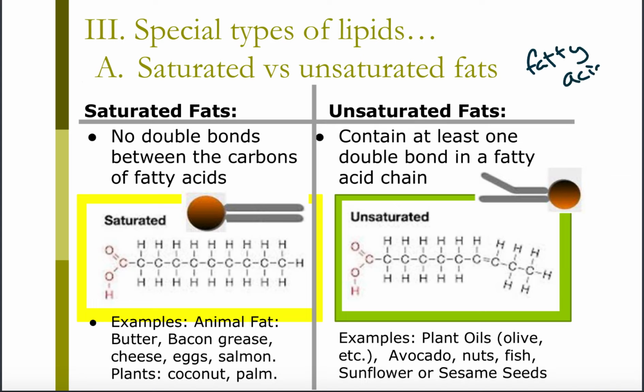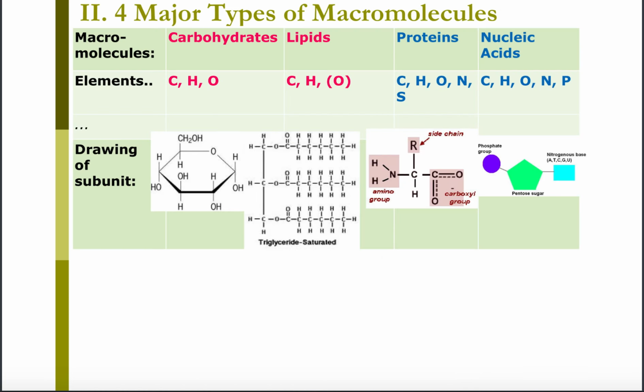saturated and unsaturated fats. In saturated fats, there's no double bonds in the CH region. Just reminding you, this section of fats is the fatty acid, while this section over here is the glycerol backbone.